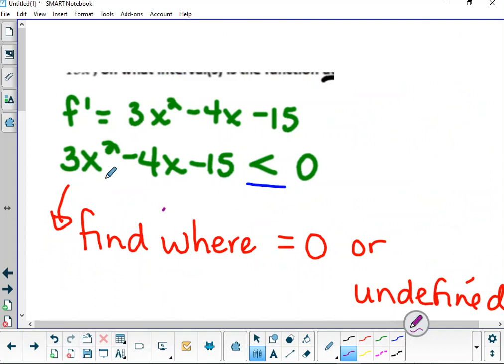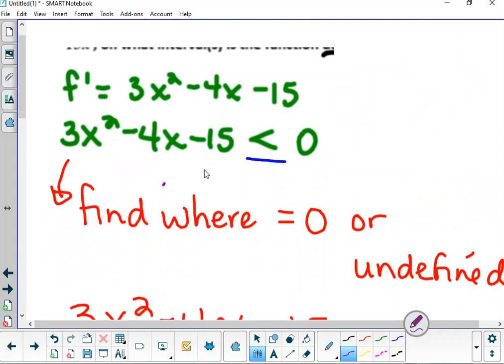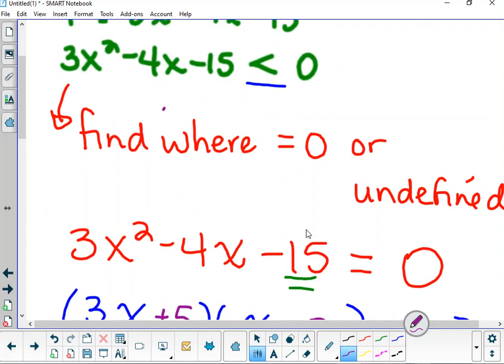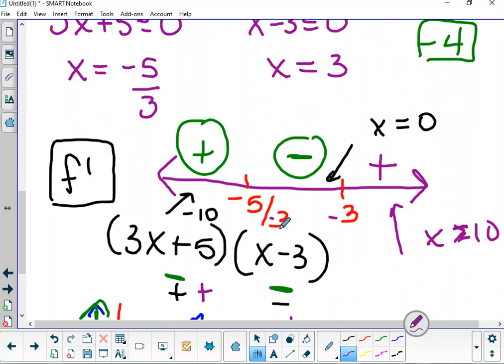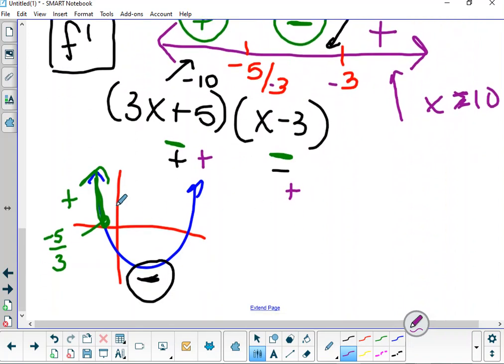So when I needed to know this, I thought about the equal to 0 aspect, which took some algebra. But once I figured out where f prime was equal to 0, that's what helped me figure out whether f prime was positive or negative.